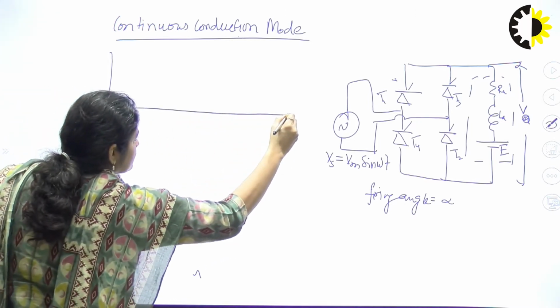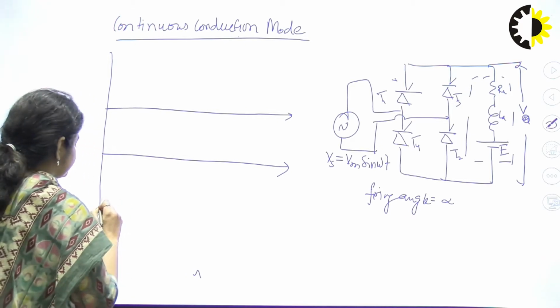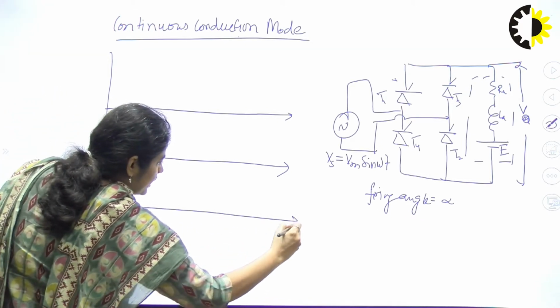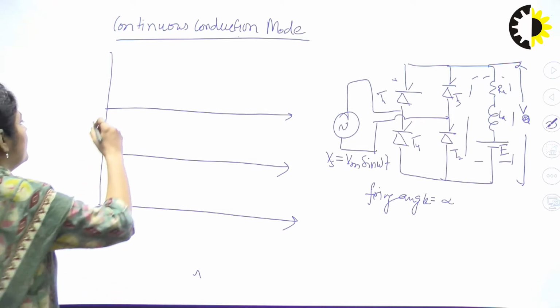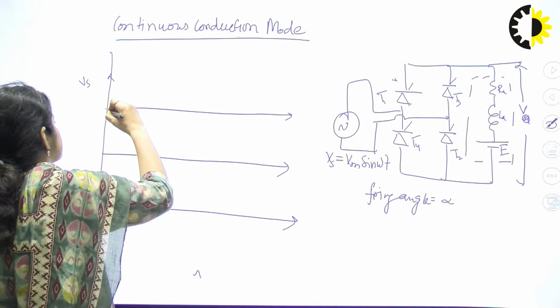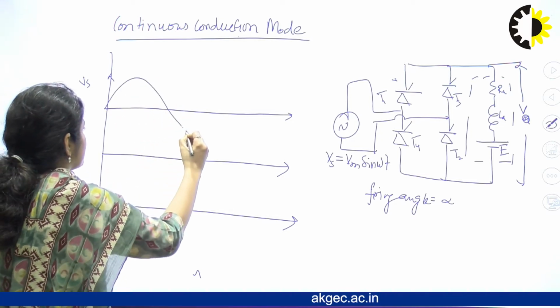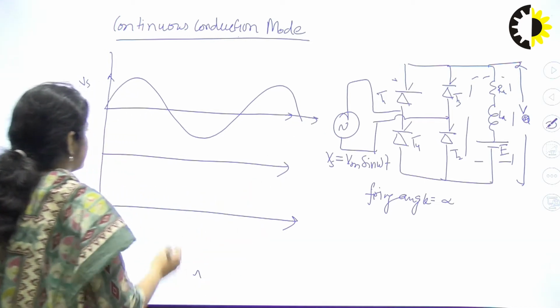Please understand with the help of these waveforms. Suppose this is the input voltage Vs, with a frequency of 50 Hertz.